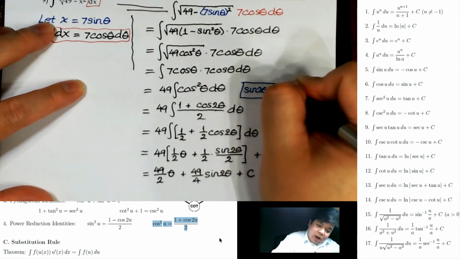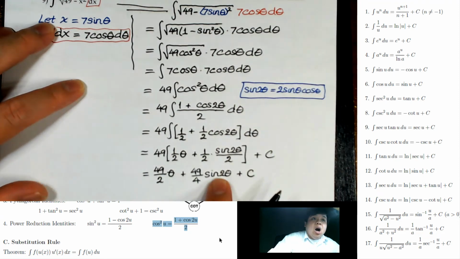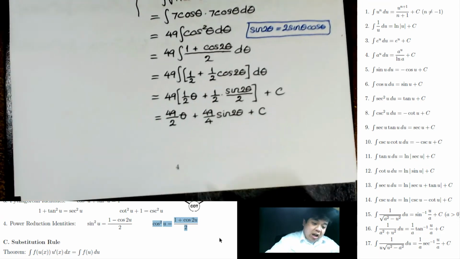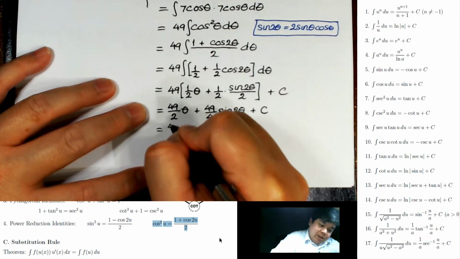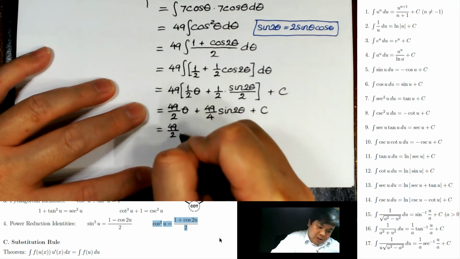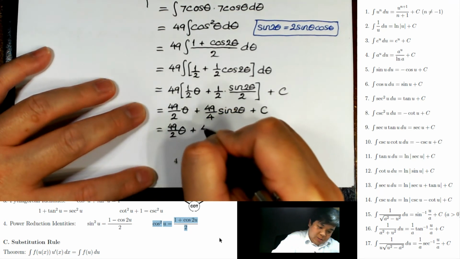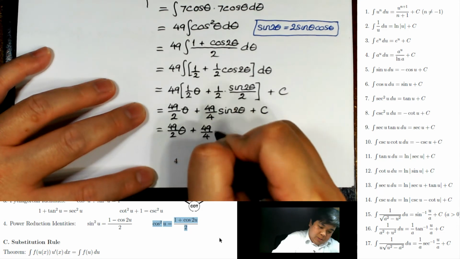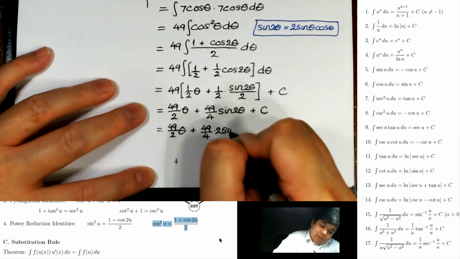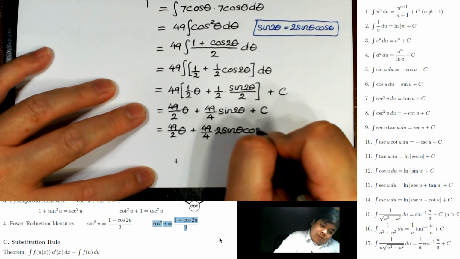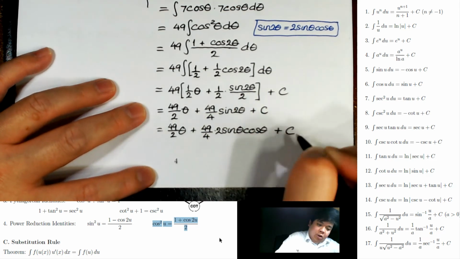That is the double angle identity. We're going to replace into that.